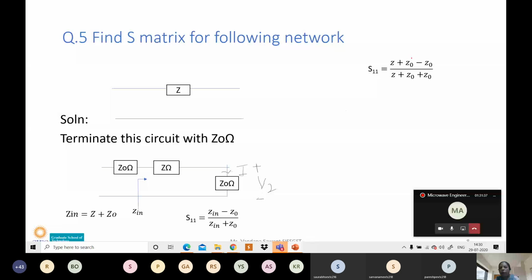So what will be the S11 value? S11 is equal to Z divided by Z plus twice Z0. So this will be the final S11 value.